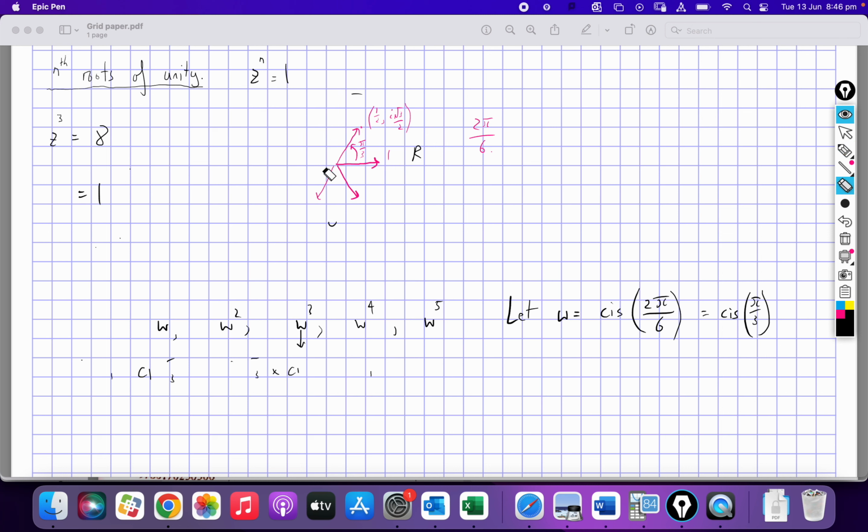Get rid of that. Okay, so you can be trying to solve this at the moment, but using this idea of roots of unity.